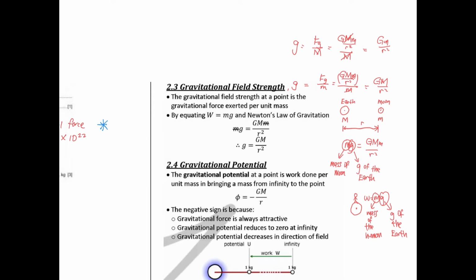So you have to know that. The top one is the gravitational field strength of the Moon. You follow the M here. If this is small m, then it's the Moon. If here is the capital M, then this is the gravitational field strength of the Earth. So be careful. It's a bit confusing, but be careful.